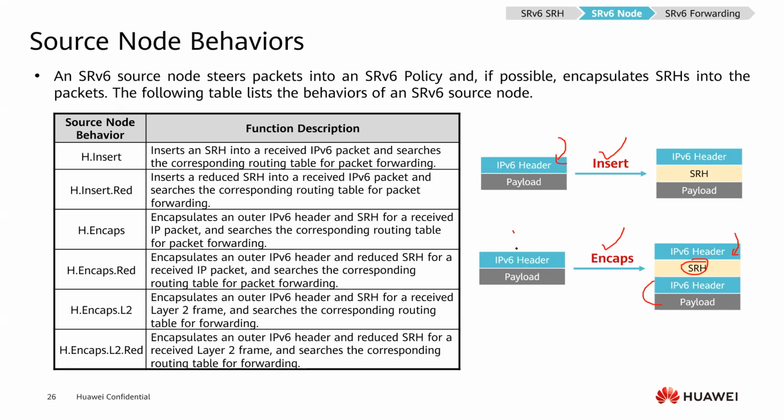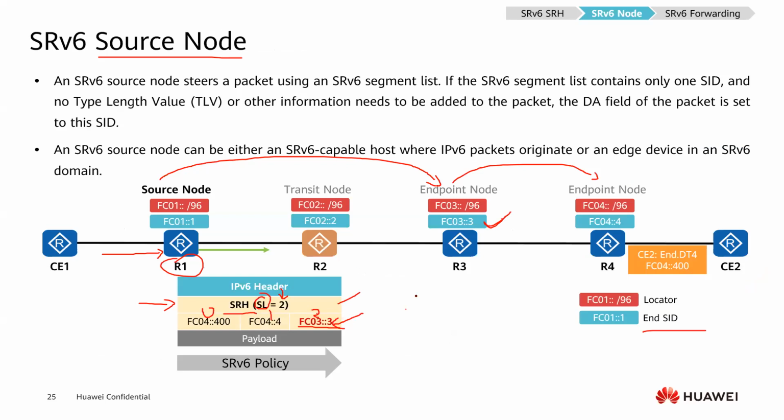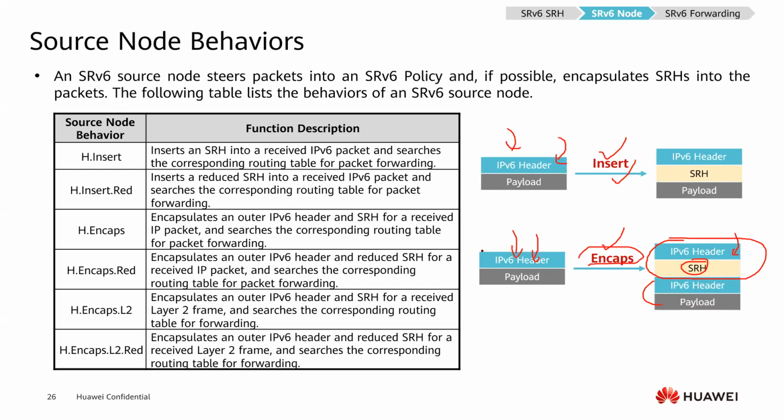This packet can be IPv6 or IPv4, but I will encapsulate an external header above your original. So with insert, you can only use an IPv6 packet, but if we use the encaps way to add the header, it can be an IPv6 or IPv4 packet.